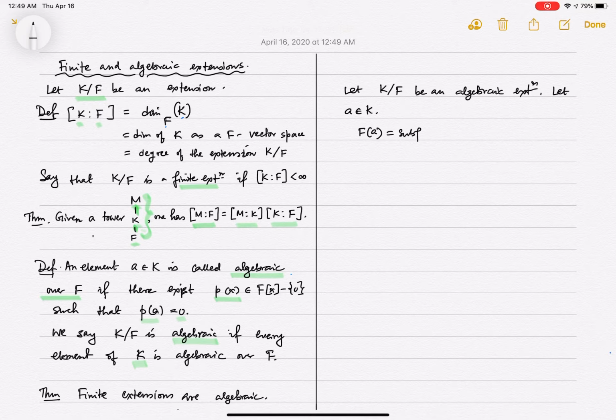So you take all subfields of K that contain F and a and intersect them all. That will be the smallest subfield of K that contains these guys, and that is denoted by F round bracket a.